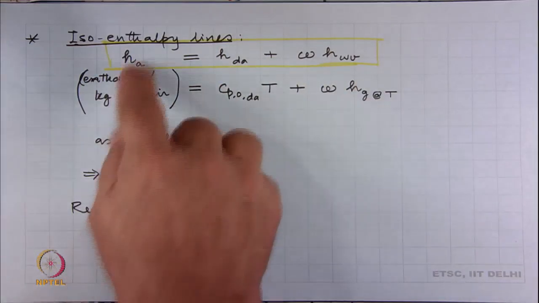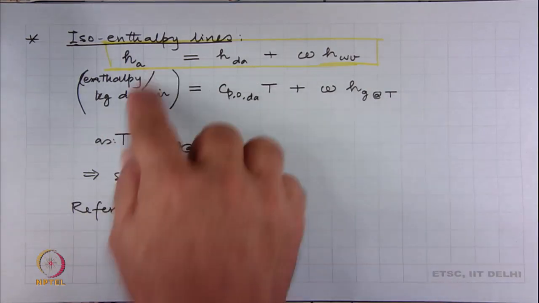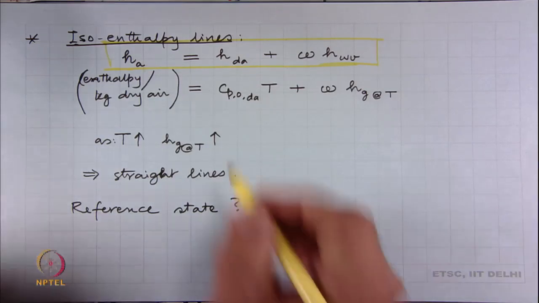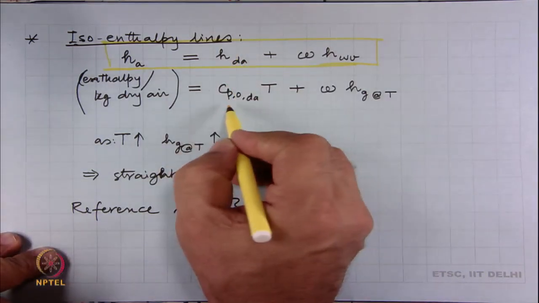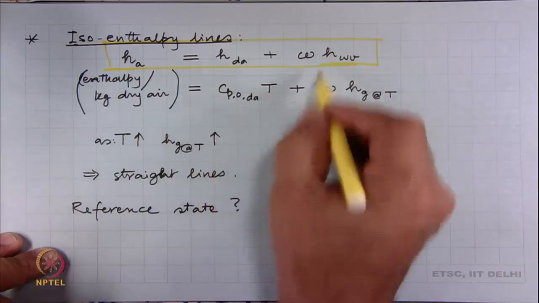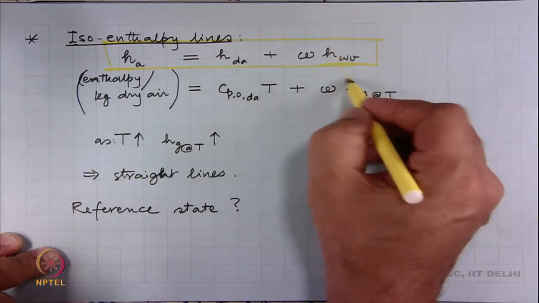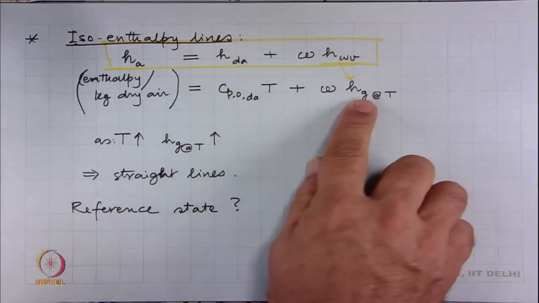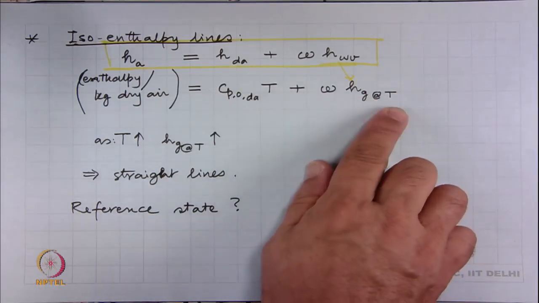If we simplify it, dividing by the mass of the dry air, then HA can be written as the specific heat of dry air times the temperature, plus omega times Hg, which is the dry saturated vapor specific enthalpy at that particular temperature.